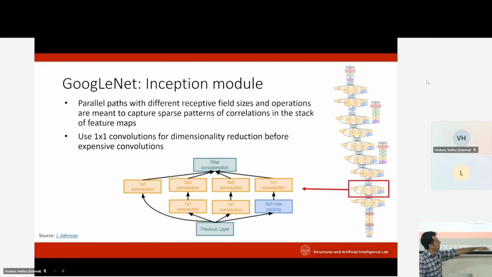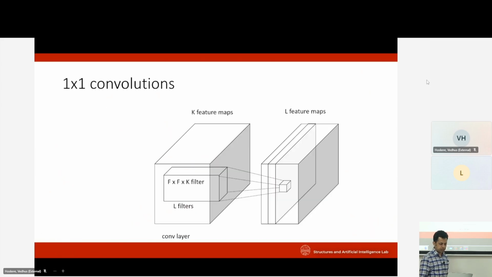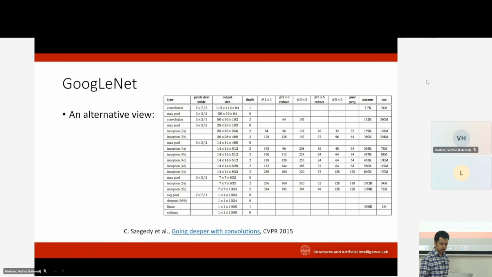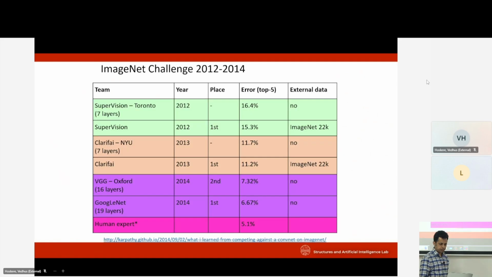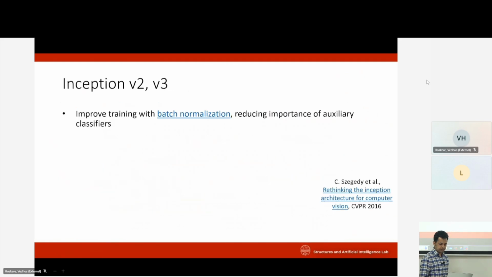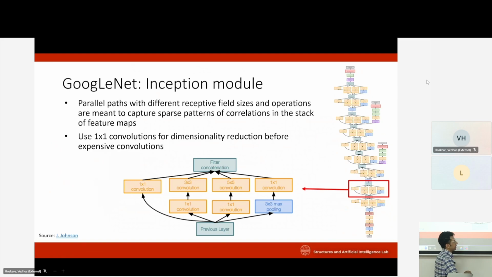And they had many of these layers, and this is where we start getting problems because of the depth, because the gradients don't propagate. So they had an interesting solution, which is these days not so common. Let me just explain it from this figure, because I don't think I have it. They have these auxiliary outputs.